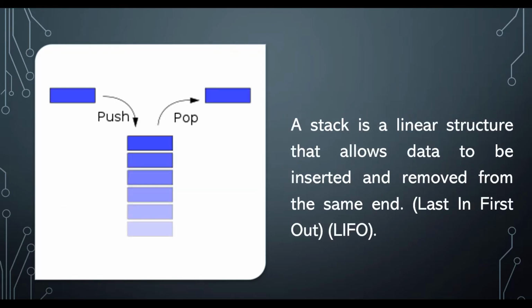A stack is also a linear structure that allows data to be inserted and removed from the same end. As you can see from this image, the last element that is added to the list is the first element that is going to be out, which means last in, first out.